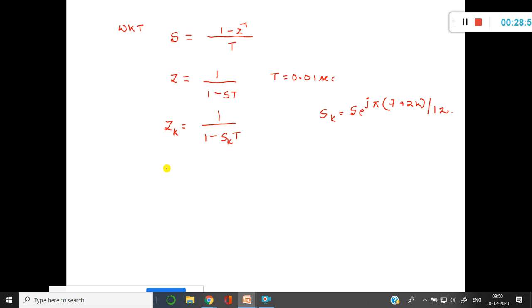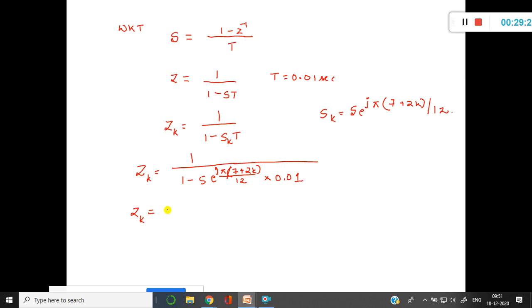Z is equal to 1 divided by 1 minus 5 into e to the power of j pi divided by, e to the power of j pi into (7 plus 2k) divided by 12, into 0.01. Fine. So this is the value of t I am trying to put here.